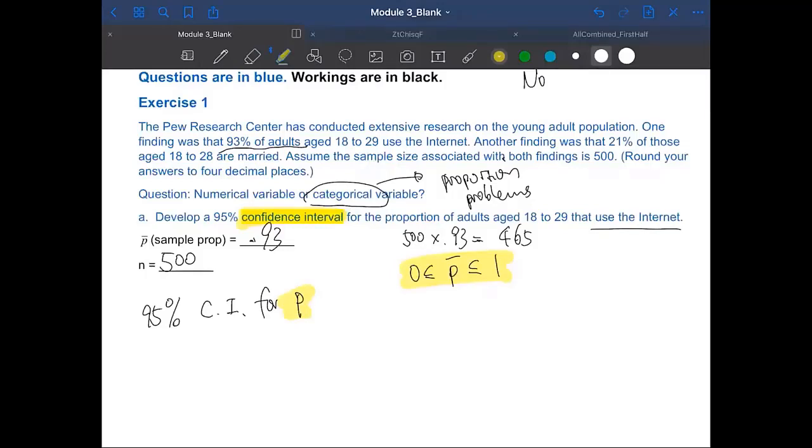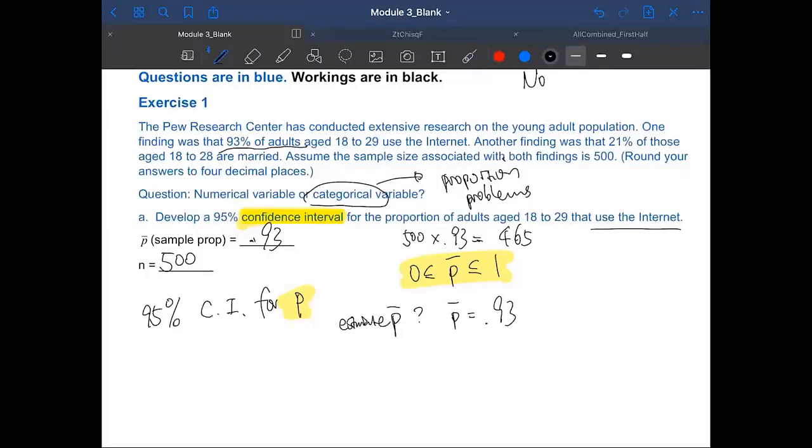Why is that? Why can't you estimate P-bar? Can you estimate P-bar? You cannot. The reason is because we know P-bar is 0.93, right? If you know it in an absolute sense, you know exactly it is 93%, why do you want to estimate?